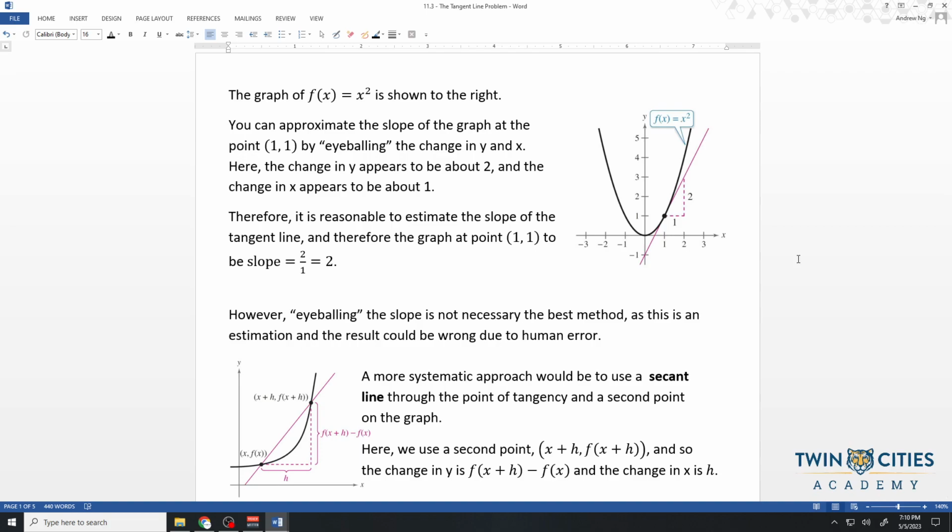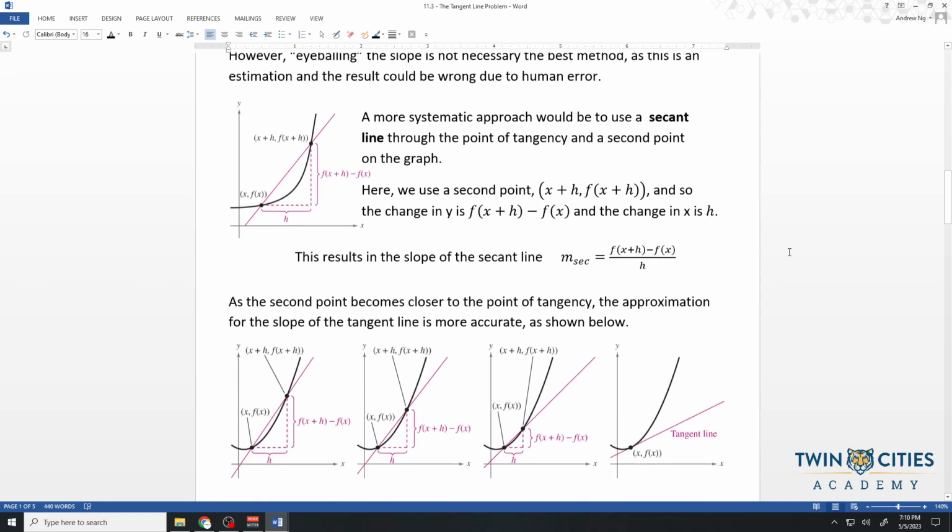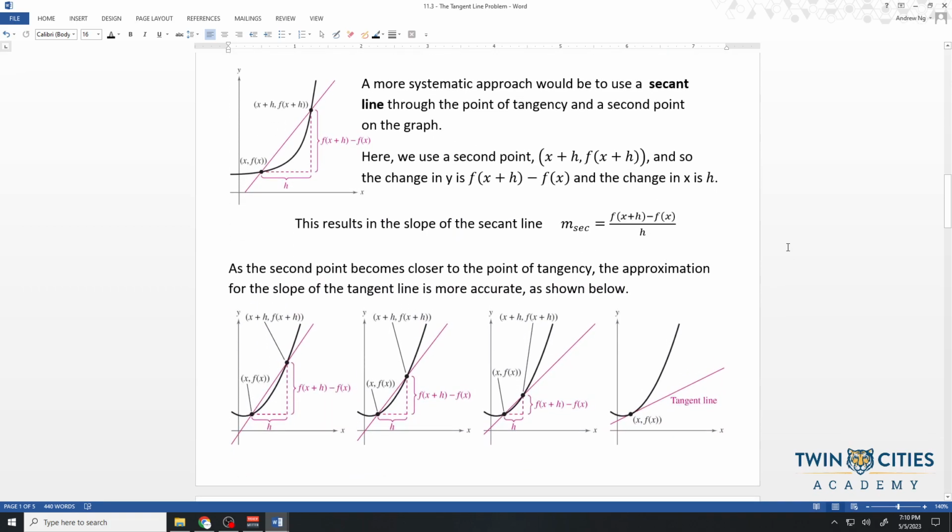A more systematic approach would be to use a secant line. A secant line uses 2 points on the graph, and it finds the line through those 2 points and then the slope for that line. Now, what we'll find down here is that the closer I have this point to my original point, the closer it will be to the true tangent line.